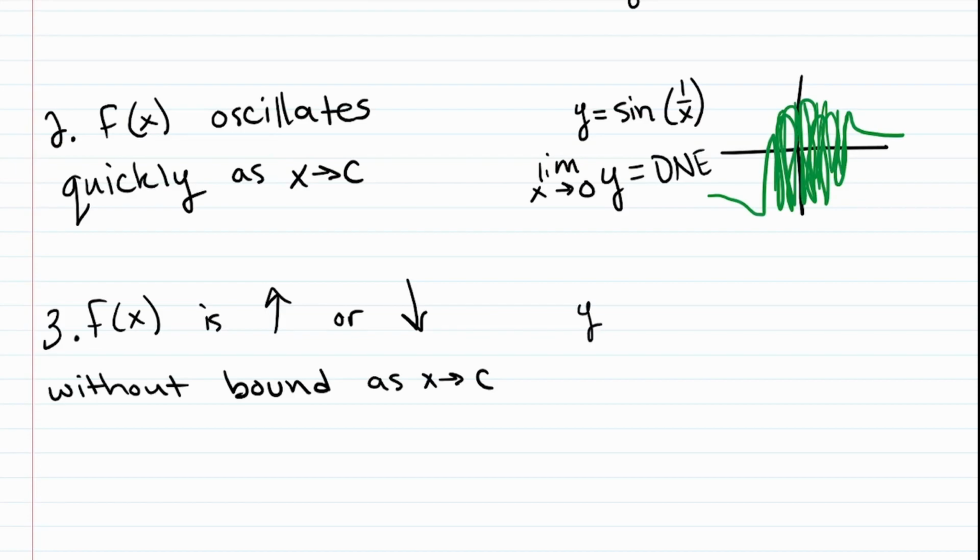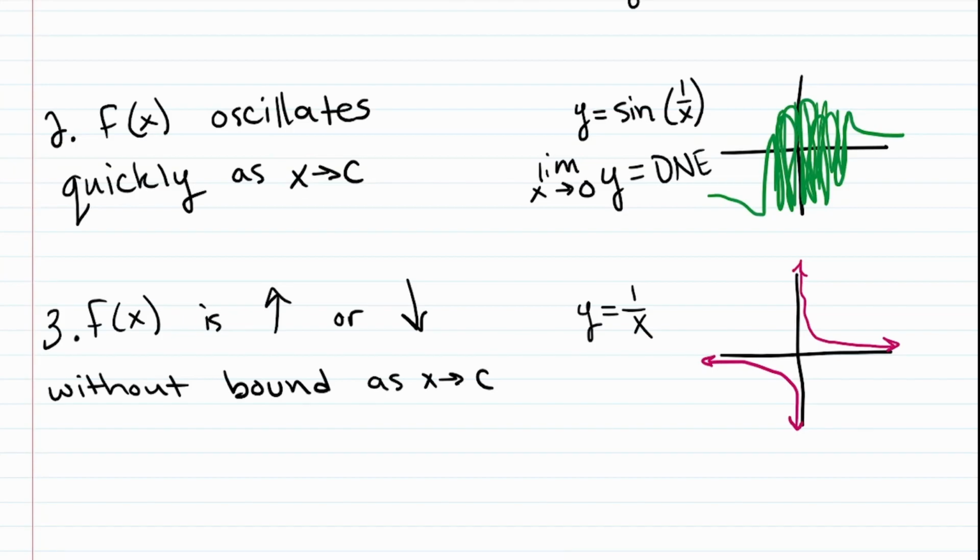Say we have y equals 1 over x. That looks like, we kind of have it approaching 0 on the y and the x-axis in the first and the third quadrant, but never actually touching those axes, okay?